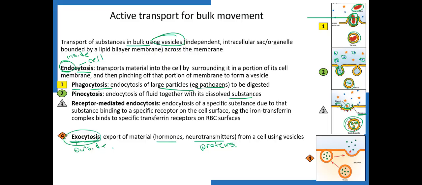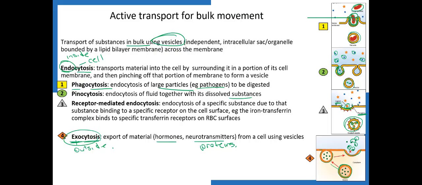And so what happens is those substances get packaged together in vesicles, and then you can see the vesicles move to the cell membrane and fuse with the cell membrane, and then it opens, and whatever substances is released into the extracellular fluid.